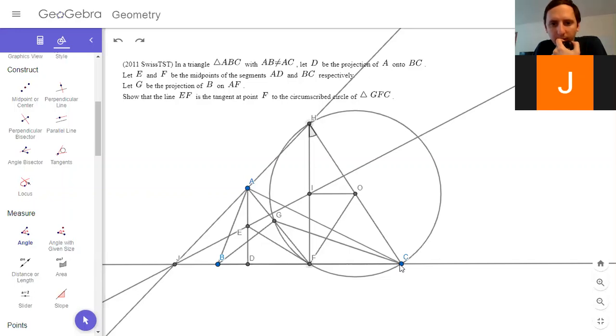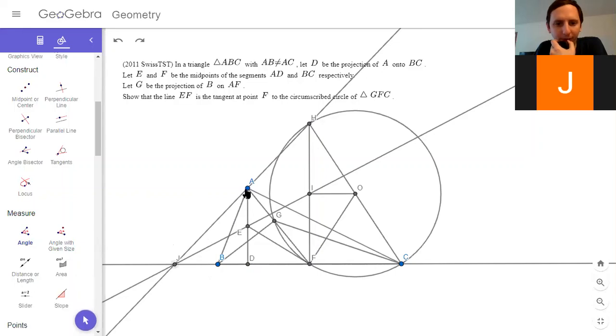Wait. Hold on a second. So AD is parallel to HF. What? What's going on here? AD has to be parallel to HF.